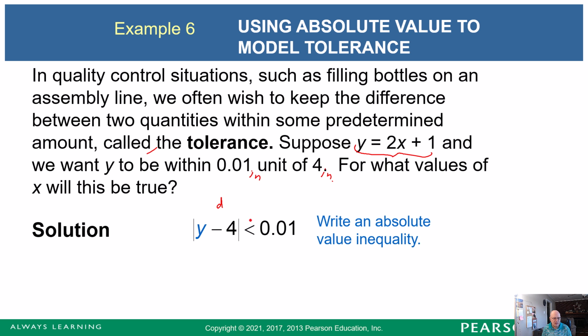The distance or length is less than 0.01. This is how far it is from what you measure to 4. Is it a little bit over 4, a little bit less than 4? You want it to be within 1/100th of a whatever, inch, meter, whatever you're using.